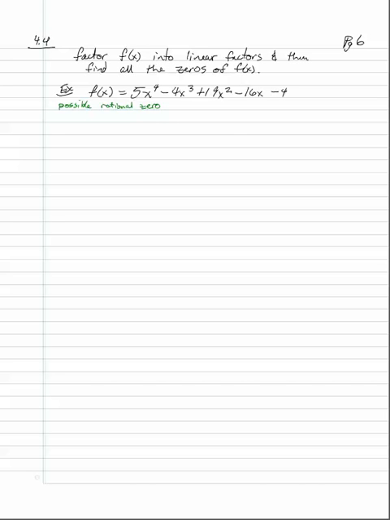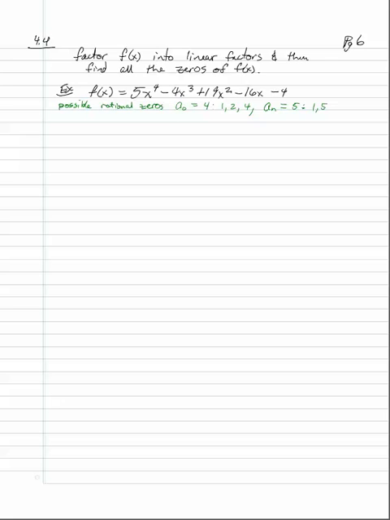Solutions, meaning when I set it equal to 0. So possible rational zeros: we got a sub 0 is 4, -4. Again, I just ignore the sign. 1, 2, and 4. A sub n, which is 4 in this case, is 5. So that's going to give me 1 and 5.